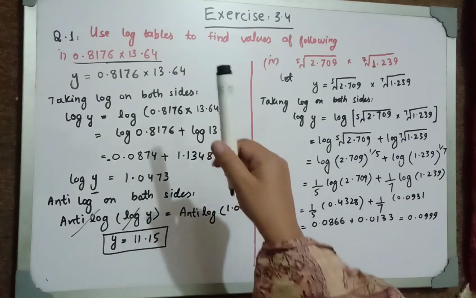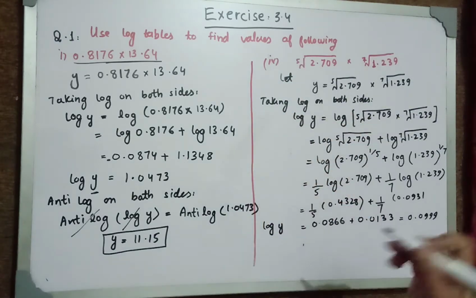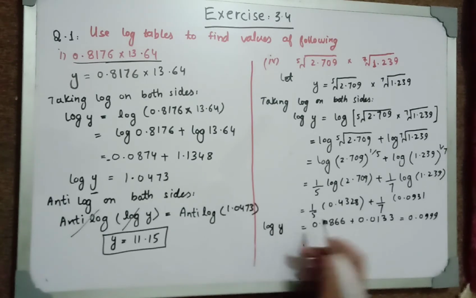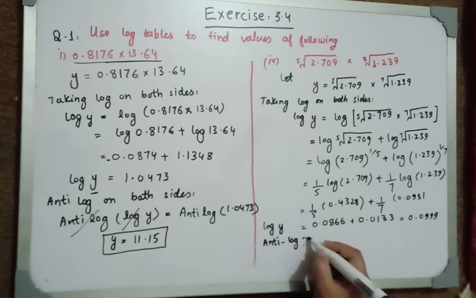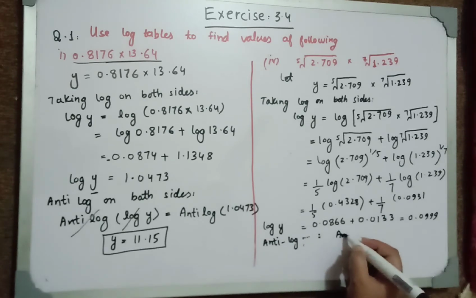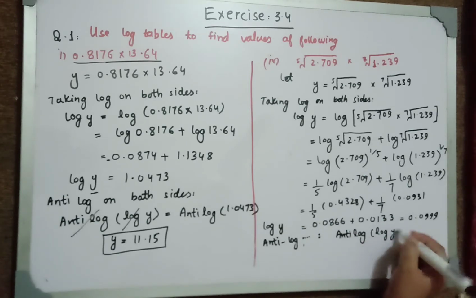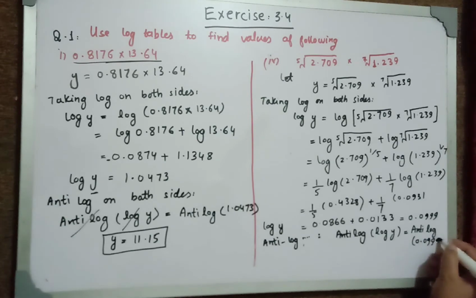Again in the question we were asked to find the value of this, which we had set equal to y. Now we have to find the value of y, but here we have log of y. So we need to cancel this log. Again we are gonna take anti-log to cancel this log. So I'm taking anti-log on both sides. Anti-log of log y is equal to anti-log of 0.0999.